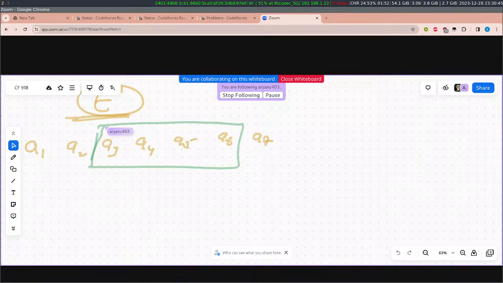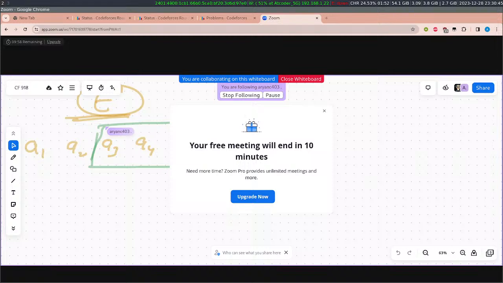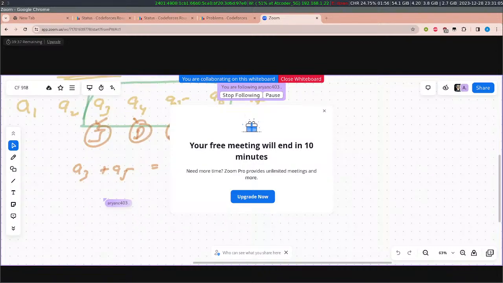From this, what we know is Julia will drink from these two, and her date will drink from these two. And what we need is to find one such array such that, for example, A3 plus A5 is equal to A4 plus A6. And we can try to simplify it again. Let's say we move this part over here.